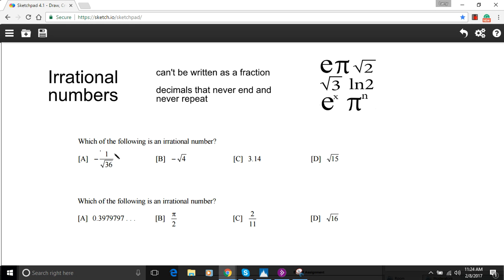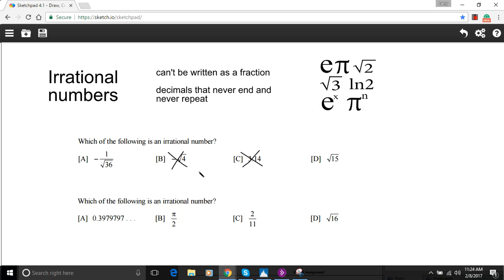Okay, so let's look at some of these problems here. This first one says, which of the following is an irrational number? And we see some square roots in here. Well, this one is just a plain old decimal that ends. So I know that's not it, because irrational numbers have decimals that never end and never repeat. This one, well, the square root of 4, I know that's 2, so this just comes out to -2.